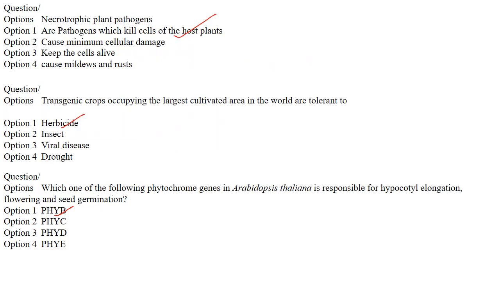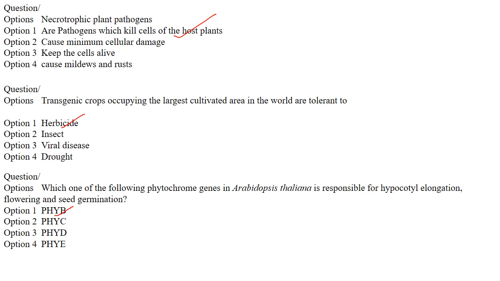Then, necrotrophic plant pathogens are pathogens which kill cells of the host plants. The answer is option 1. Transgenic crops occupying the largest cultivated area in the world are tolerant to? They are tolerant to herbicide. I think the largest cultivated area is soybean, I think.